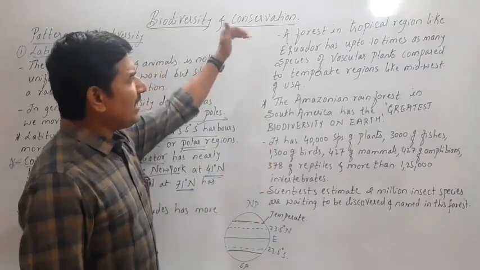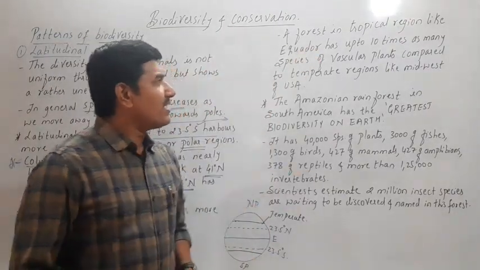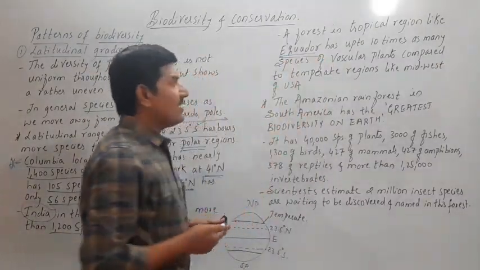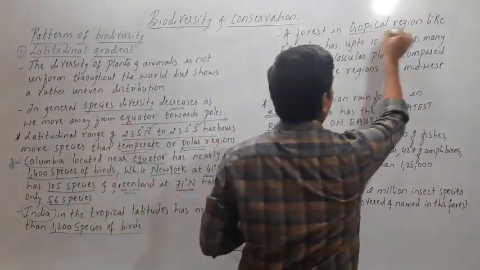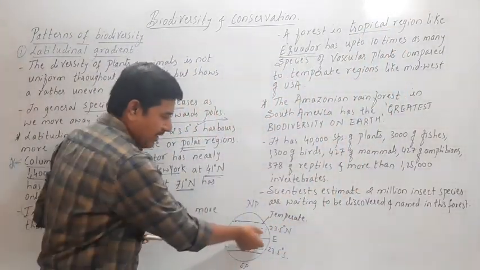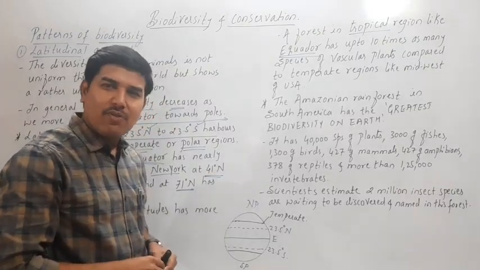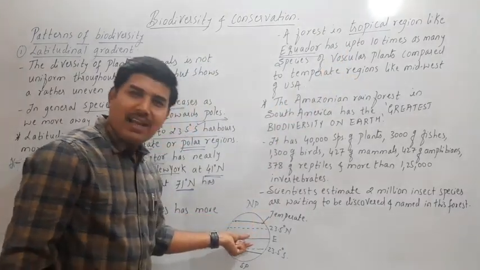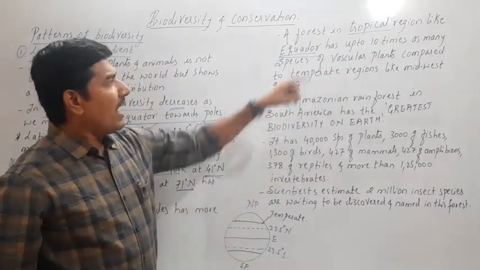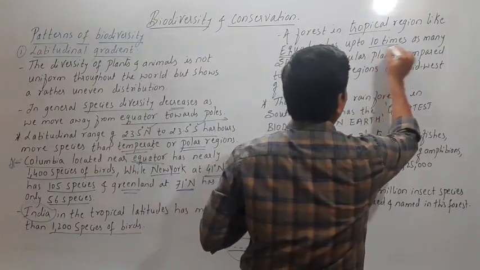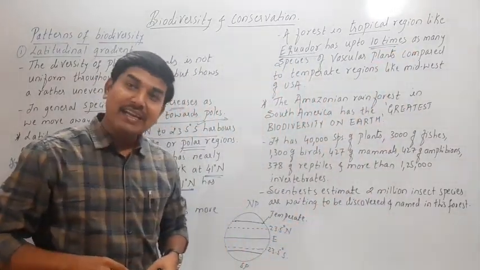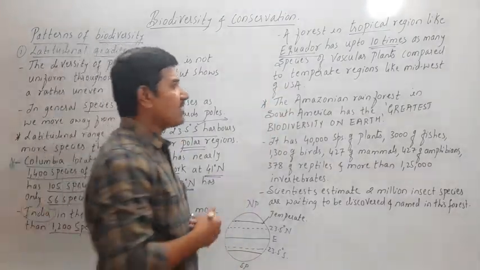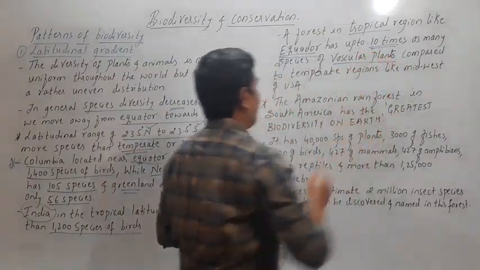Then the next part, a forest in a tropical region like Ecuador. Look at this. Ecuador is a region of the tropics. Tropical means again nearer to the equatorial belt. We call it a tropical region. Now Ecuador, as it is located near the tropical region of the globe, has up to 10 times as many species of vascular plants compared to temperate regions like the Midwest of USA.